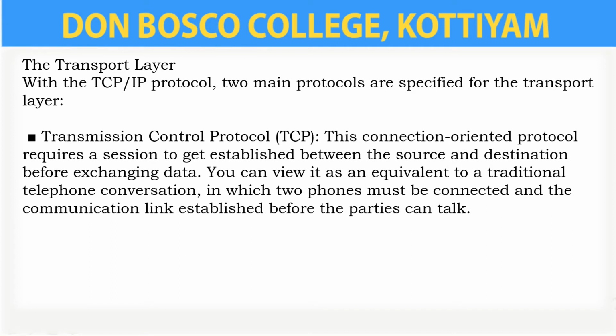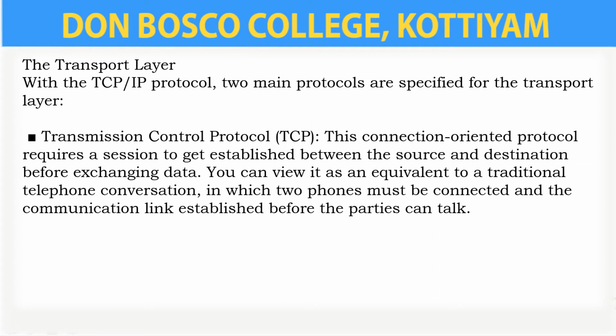We can see some of the functions of the transport layer. This is the first layer which breaks the information into smaller segments, and another function is this layer ensures that data must be received in the same sequence in which it is sent. Another function is this layer provides end-to-end delivery of data between hosts which may or may not belong to the same subnet.